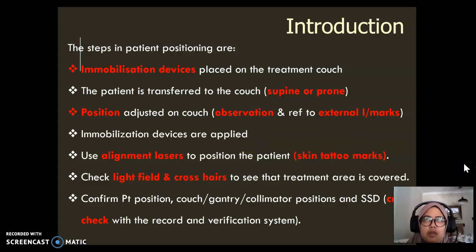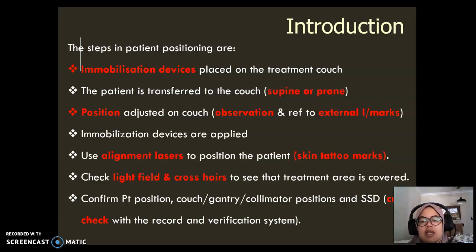Okay, so what are the steps in patient positioning? First of all, before you put the patient on the couch, you need to prepare all the immobilization devices on the treatment couch. Once everything is set up, you ask the patient to sit or stay on the couch. So you transfer the patient to the couch.